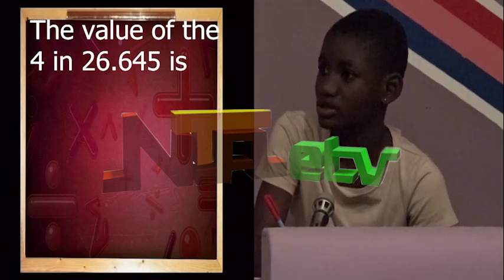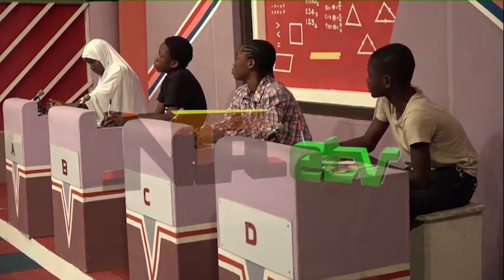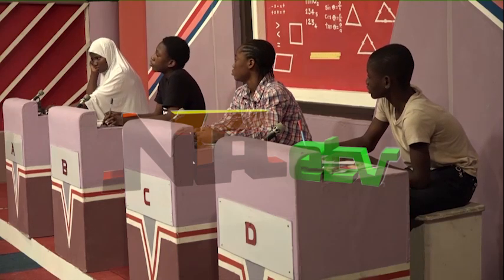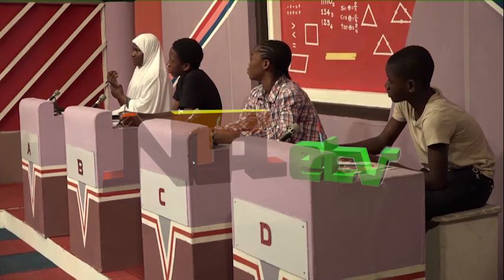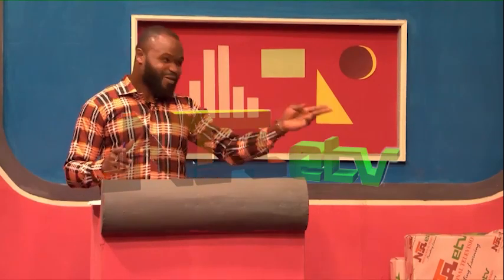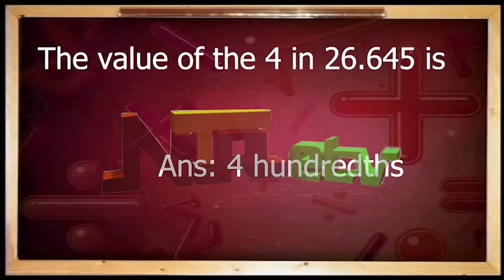Not quite. Bonus to contestant. Anyone? Contestant B. Hundreds. The value of 4 is 100. 400. But I'll give it to you because you said the value of 4 is 100. So that's how to say it.